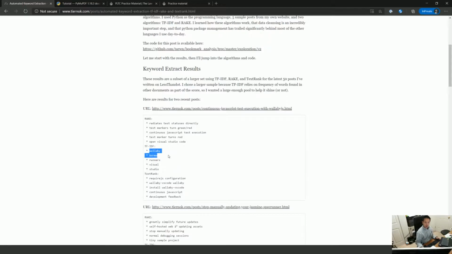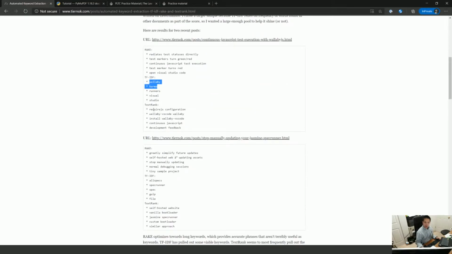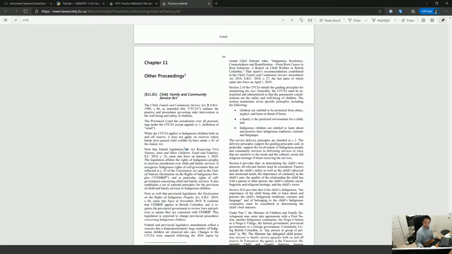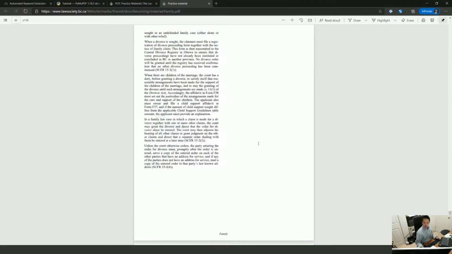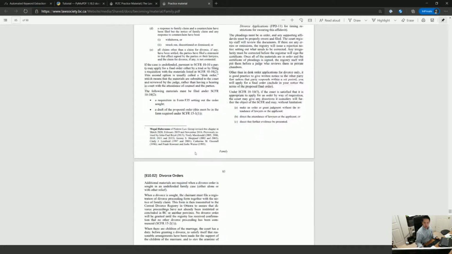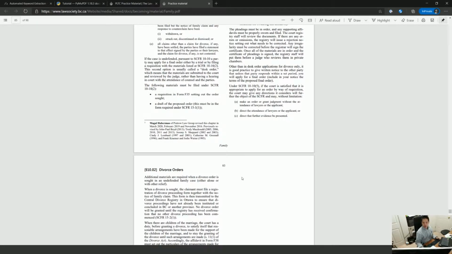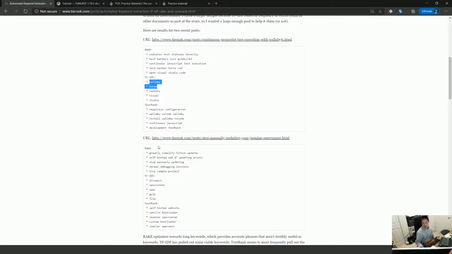The keyword of child, family, that's not going to help. We need to go a little bit further in, like child, family, and community versus, let's say, divorce. You might have divorce forms, divorce orders, divorce proceedings. You need that second word. And finally, I like the phrases, they're really cool. I just don't think that will be helpful here.